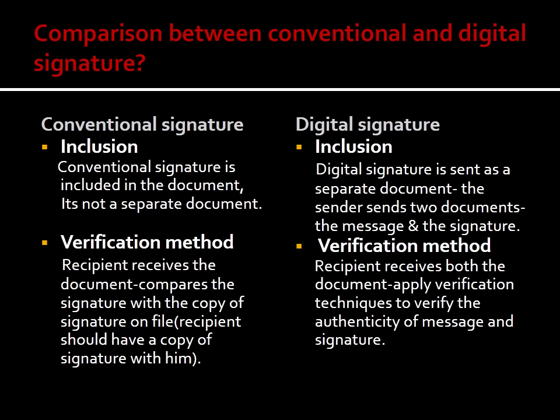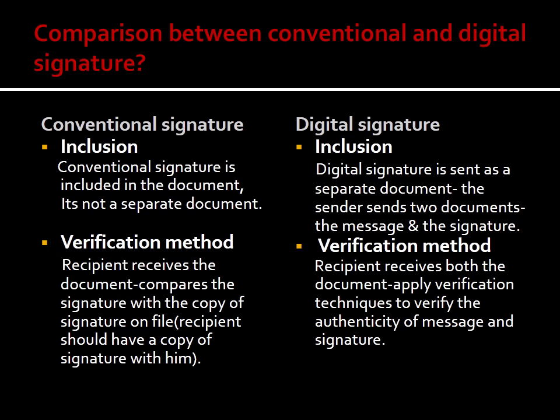What is the difference between the verification methods? In the conventional one, the recipient receives the document and compares the signature with the copy of the signature on file. I mean, one should have the copy of the signature of the sender, right? That is how he can compare when he receives a document.